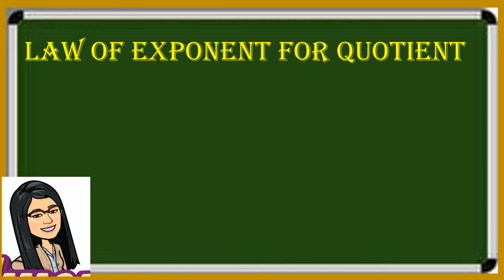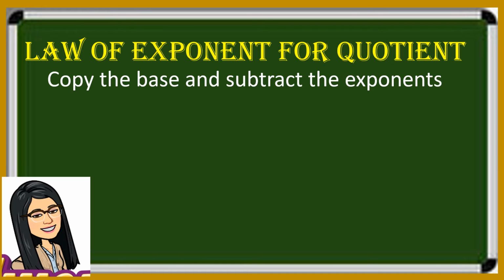The next law is about the law of exponent for quotient. As a rule, we have to copy the base and subtract the exponents. Let us study example number 1. If b raised to 2/3 is divided by b raised to 3/4. Since b is the common base, let us copy this and subtract their exponents.